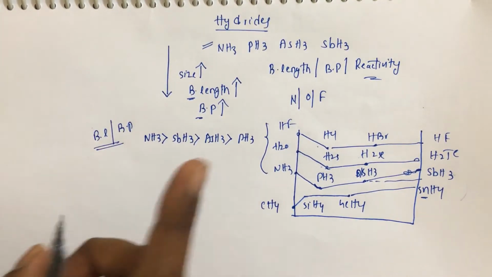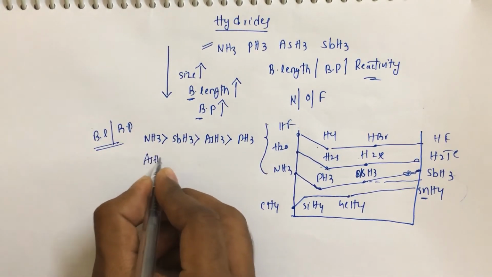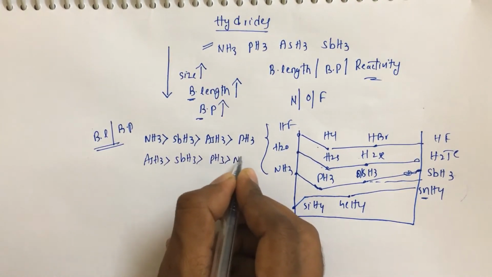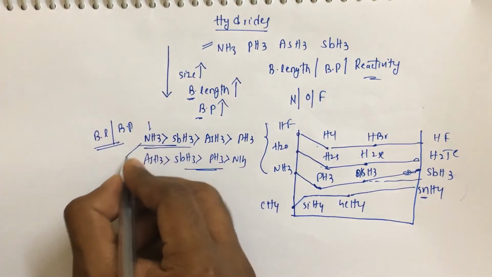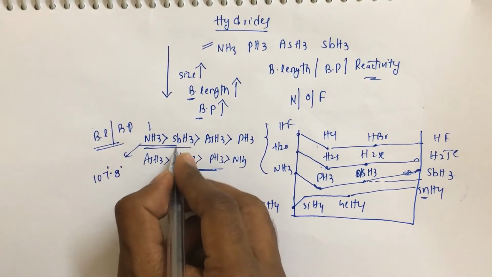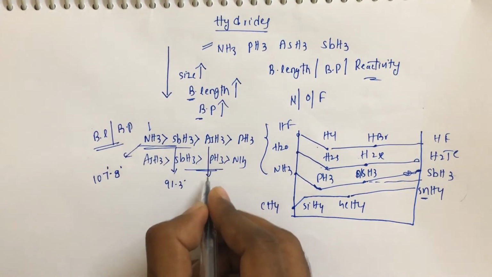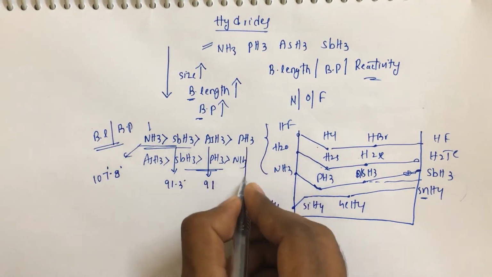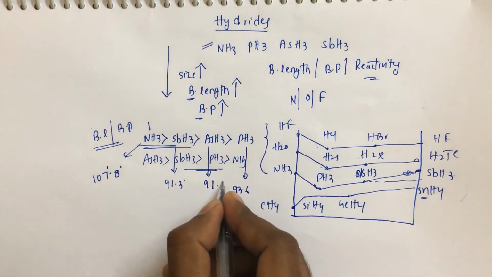But the expected order would be AsH3, SbH3, PH3, and at last NH3, but here it's different. So why is it like this? If you see here, we have the bond angle of 107.8, I think, and this will be close to 91.3, and this will be 91, and then this will be some 93.6, like this, 91.8, something like that.